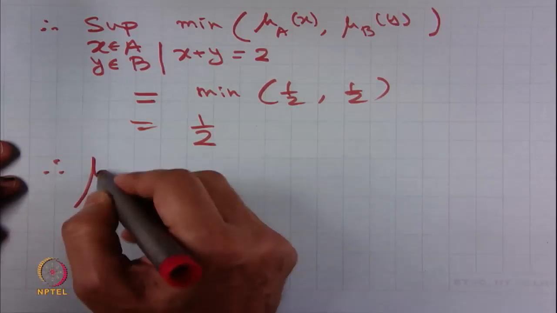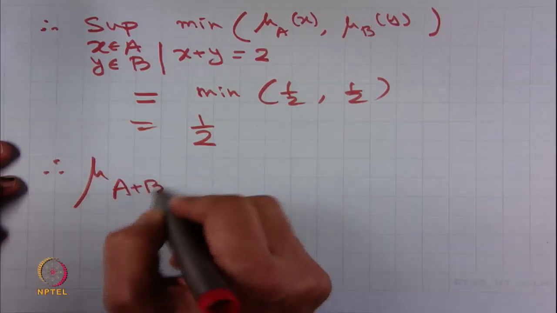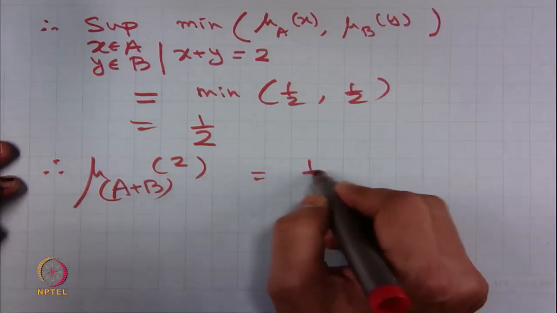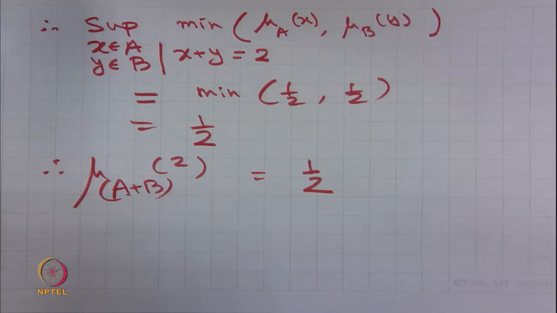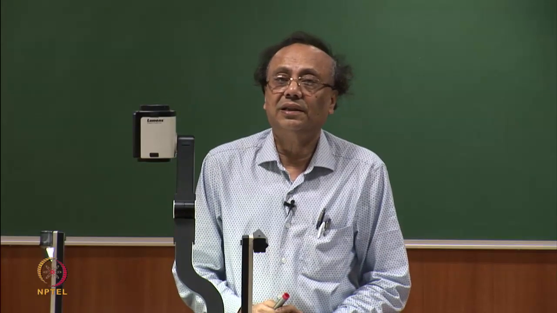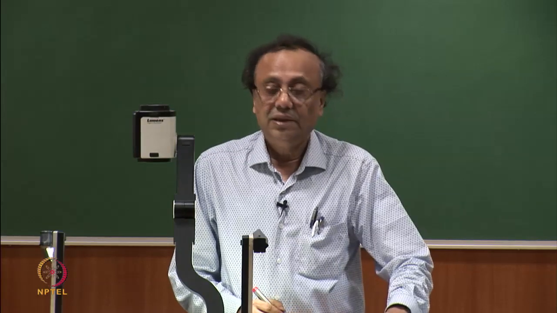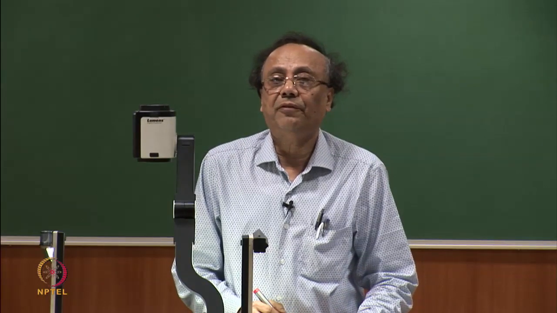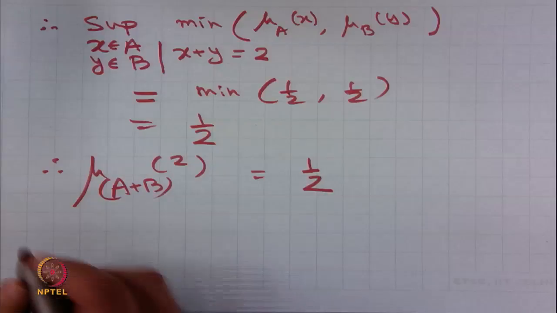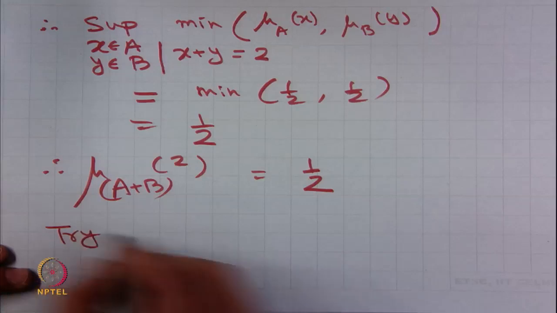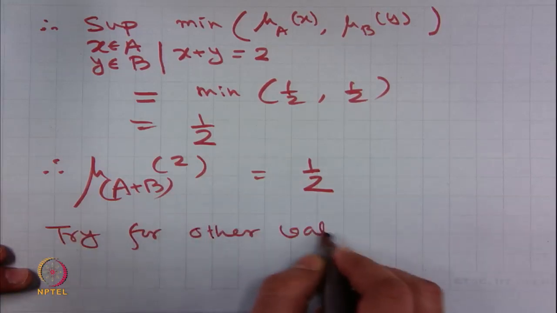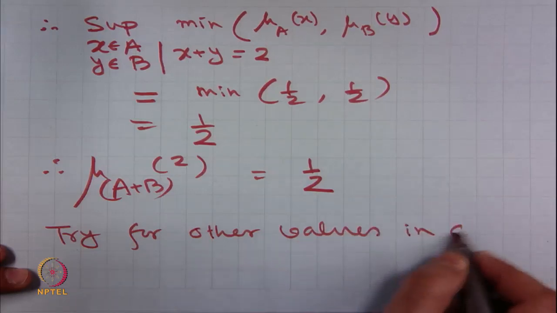Therefore, mu A plus B of 2 is equal to half. In any case, we have already seen this result some time earlier, but here we show that with the help of the extension principle we obtain the same value. I request you to try for other values in a similar way.